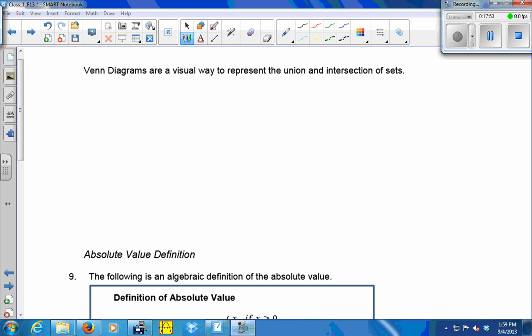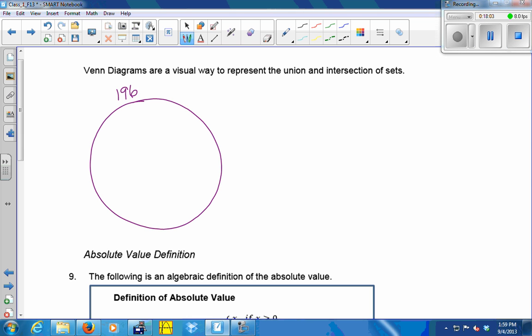A Venn diagram is a nice way, visual way, to help us represent the union and intersection of 2 sets. So if I draw one circle to represent 1961 Beatles, and another circle to represent 1964 Beatles, what members of the bands belong in the middle, where the 2 circles overlap?